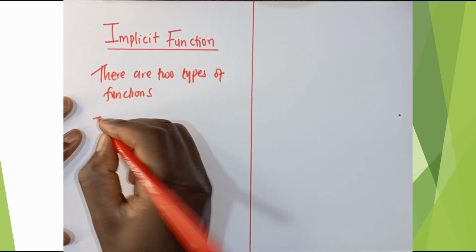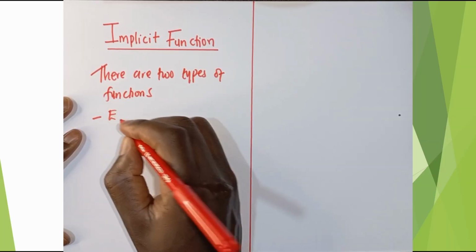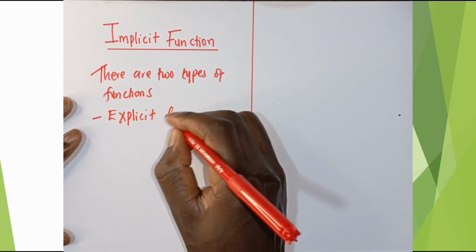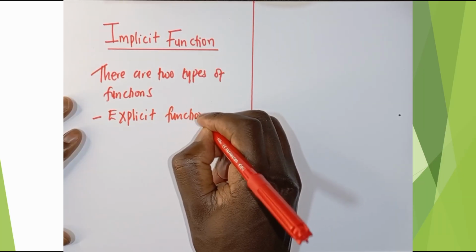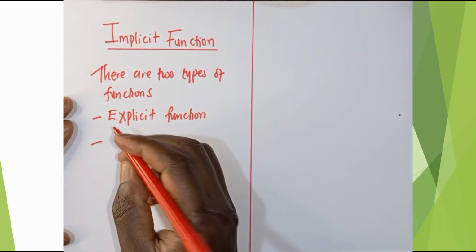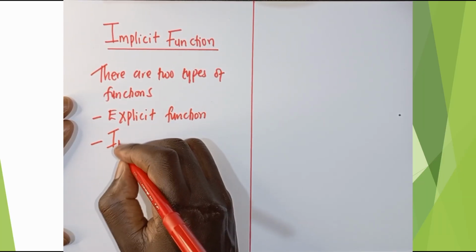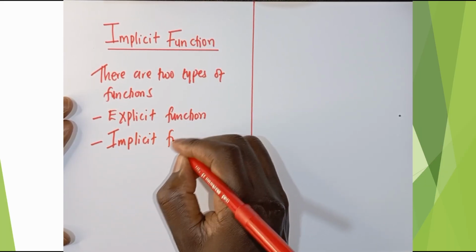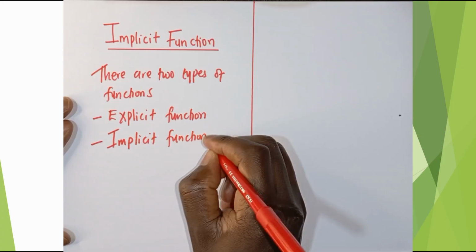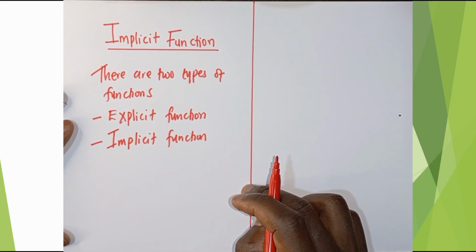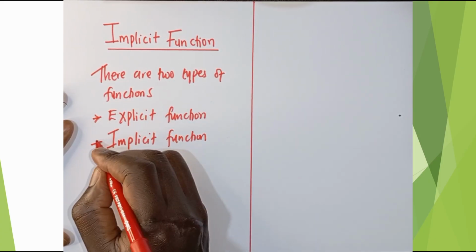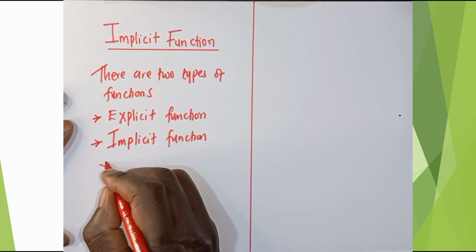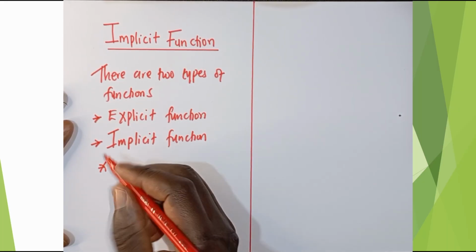The first one is known as explicit function, and then we have the one that we are going to deal with, that is called implicit function. Now we have to know each of them, and then it gives us a foundation of how we work on the implicit. Now, what is explicit function?